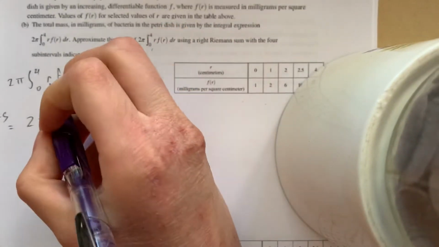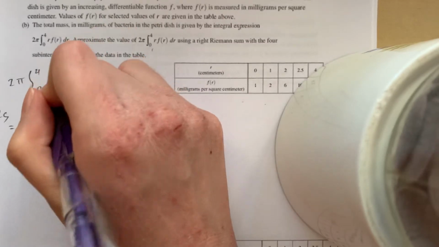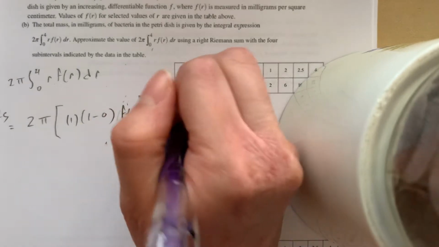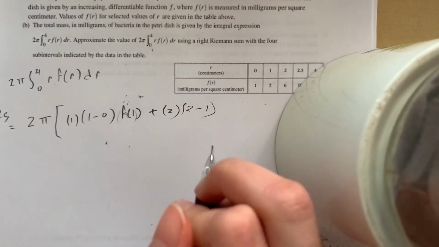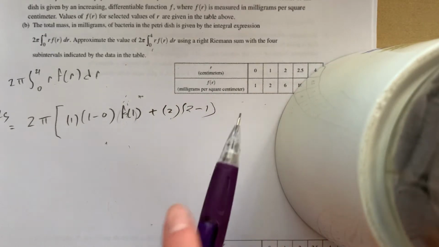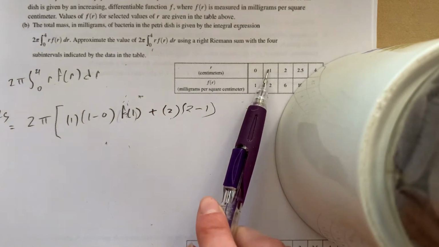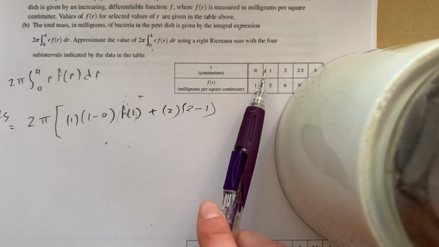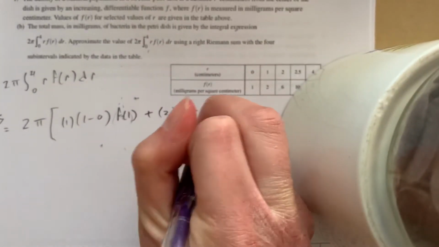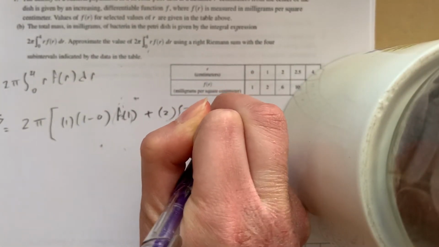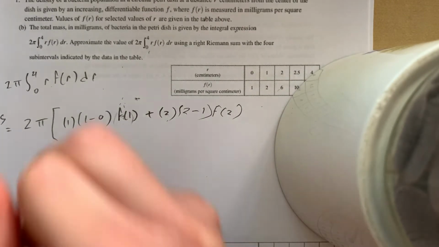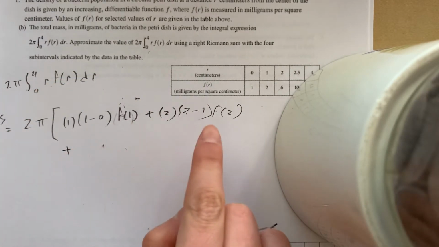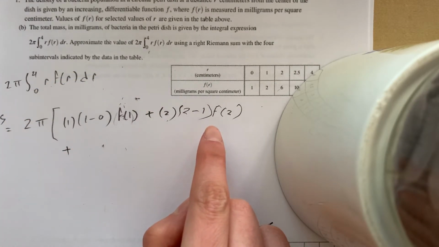Then since there's an r, it would be 2 in the front, and the width here is 2 minus 1, multiplied by f of 2. And those are just 2 subintervals.